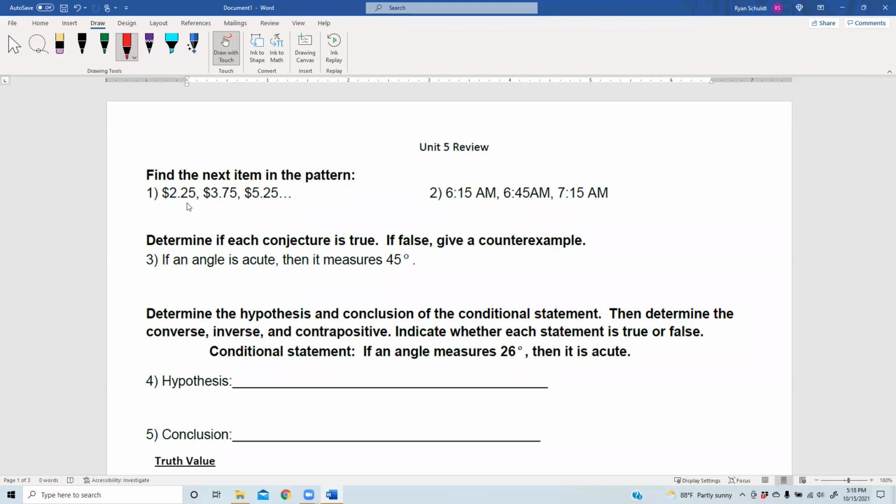Right there, it looks like we're adding $1.50. Then we go from $3.75 to $5.25. Again, we're adding $1.50. So let's add $1.50 to our $5.25. 50 cents would be 75, so $6.75.